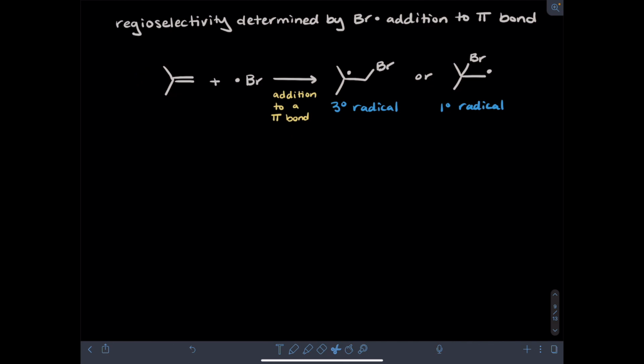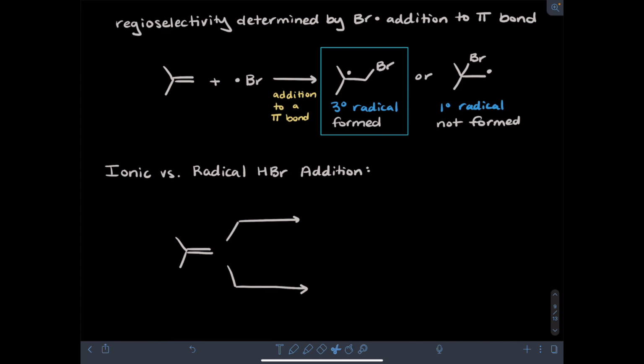Or alternatively, you could imagine, what if you'd brought in the bromine to the more substituted carbon? In that case, a less substituted primary radical would form. Because tertiary radicals are more stable than primary ones, it is this tertiary radical that would be formed in this particular reaction.